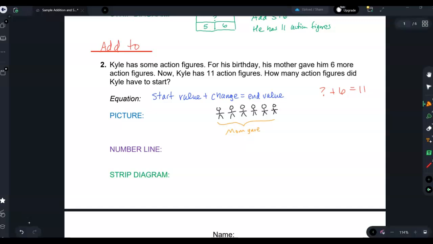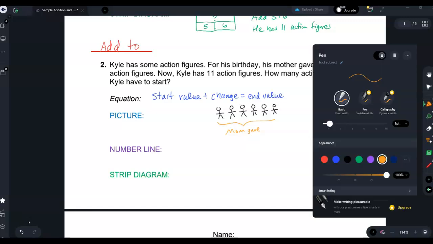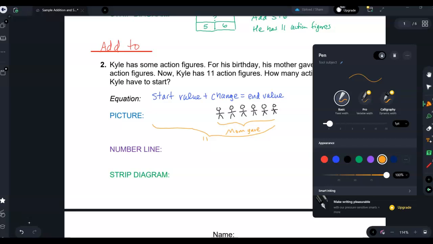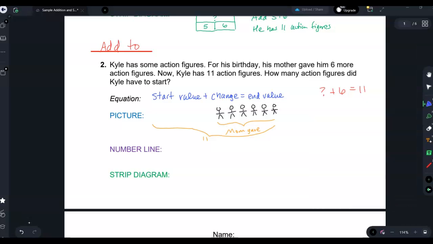And then I don't know the starting value. I know what his mom gave, but I also know the total, right? I know that the total or the ending value is supposed to be 11. So how would I figure out what that means in terms of what he had to begin with? Well, I would just count on, right?